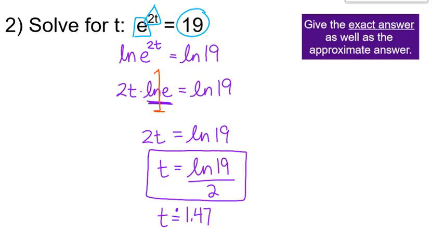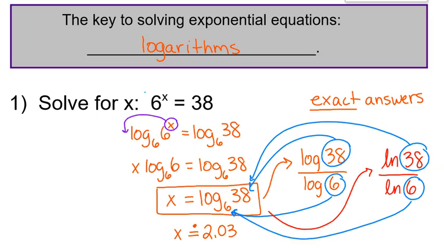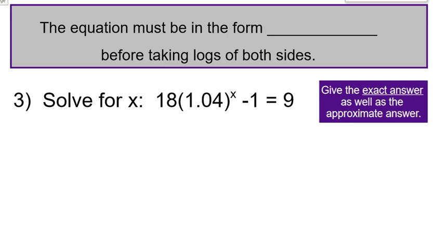If you look back at problem number 1, we had a base to a power, and that equaled a number, and we took the log of both sides. So anytime you want to take the log of both sides, you need the form a base to a power equals some number. Once it's in that form with all the extra fluff taken away in the equation, then you're ready for logarithms.